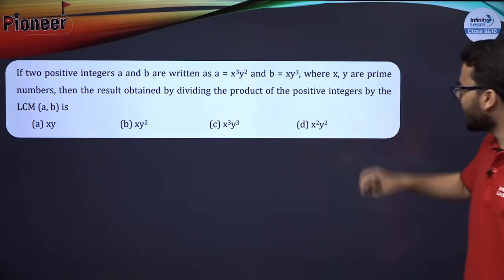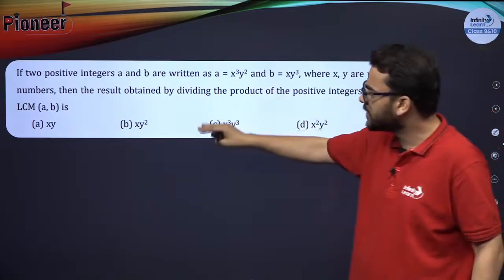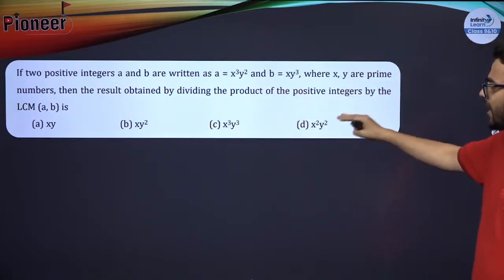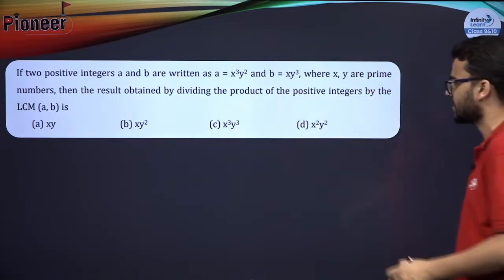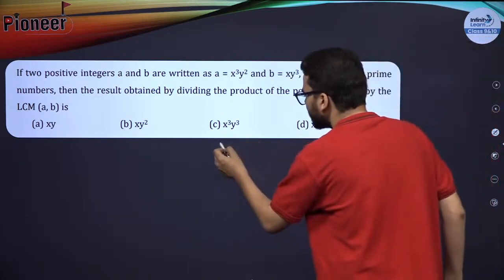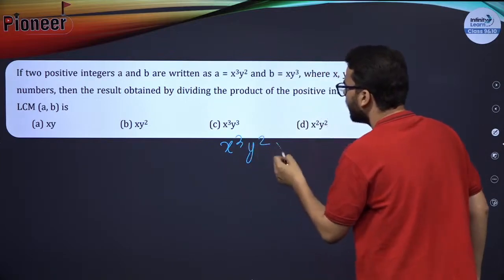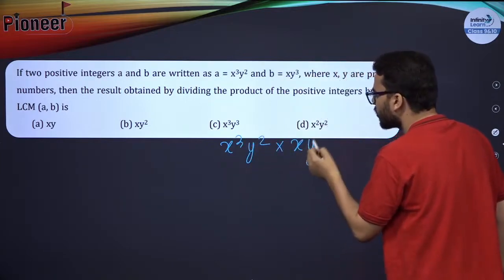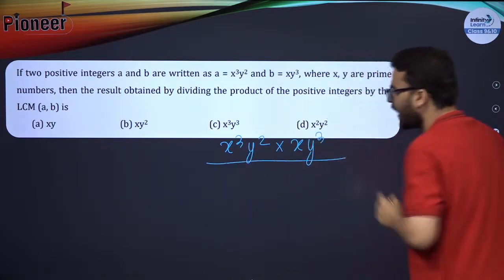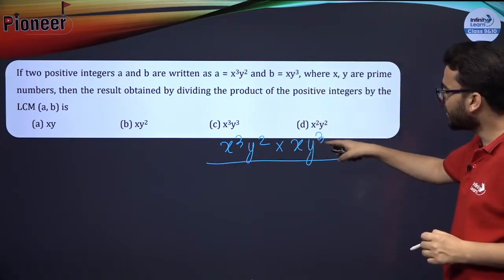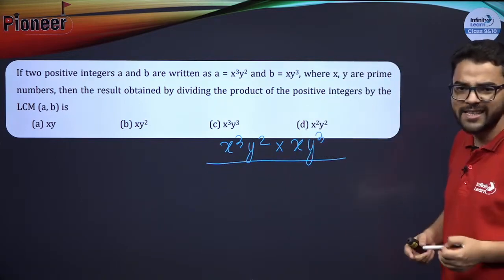So basically, where x and y are prime numbers, the result obtained by dividing the product of the positive integers. So what is the product of these integers? x cube y square into x y cube. This is their product, yes or no? x cube y square into x y cube. Now what is their LCM?